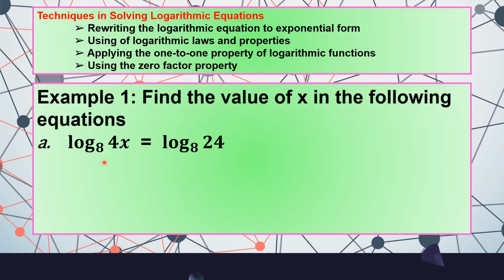Because we have the same base, which is 8, and there is only one log on this side and another one log on the other side. So whenever we have log equals log and they have the same base, cancel the logarithm. And we have now 4x equals 24.